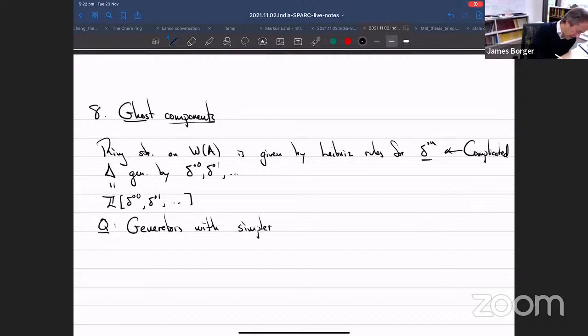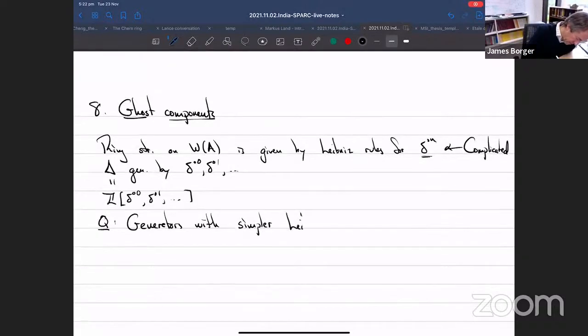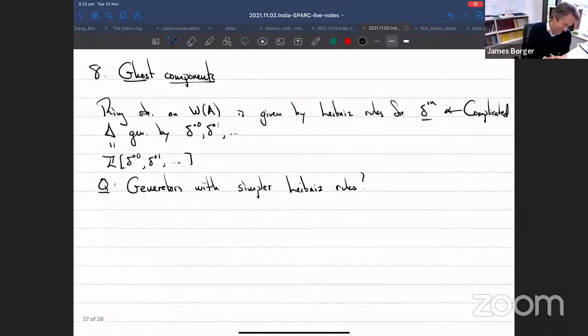If you choose different generators, then the ring structure with respect to the coordinates induced by those generators will be given by the Leibniz rules for the new generators. So are there generators with simpler Leibniz rules? The answer is yes and no.